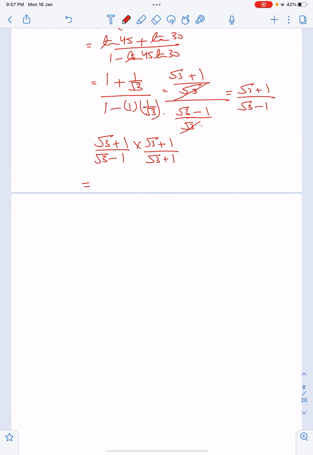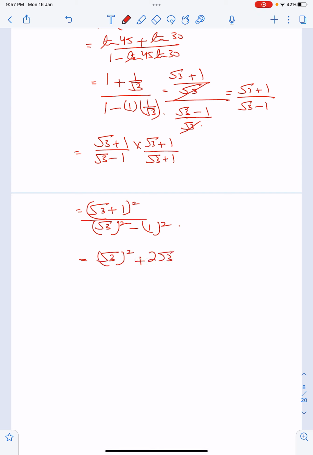Okay. So the numerator is going to be root 3 plus 1 the whole square, upon root 3 square minus 1 the whole square. If I use the formula and open it, I am getting 3 plus 2 root 3 plus 1 upon 2.